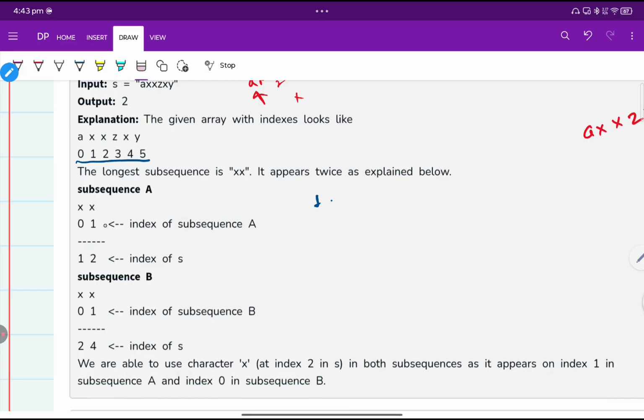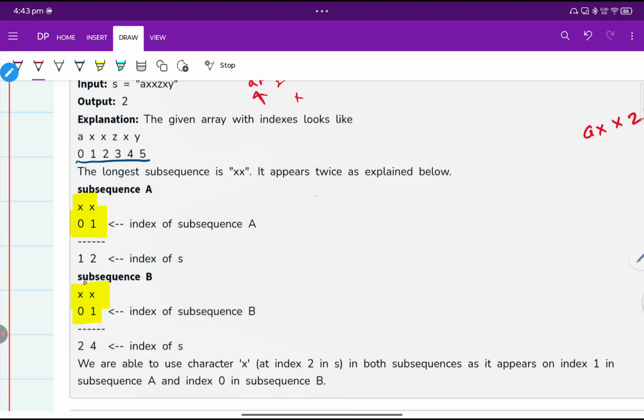This is the index of the subsequence. Both characters have the indexes 0, 1 and 1, and this x is taken from index 1 and this x is taken from index 2.